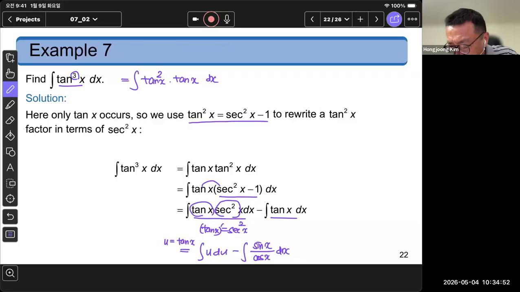So from the first integral, you get 1/2 of u squared, and from the second integral, you get ln secant x.